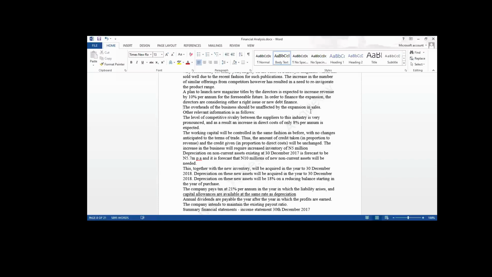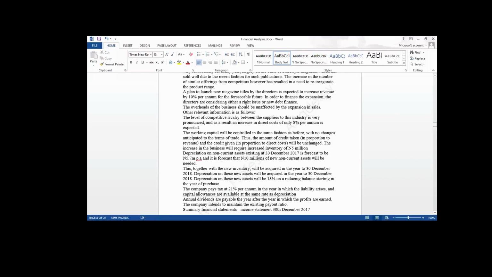Please note, overhead costs are indirect costs. These are costs incurred, but cannot be traced to a particular product. For example, the business rents. So please note, overhead costs represent indirect costs. So you can go back to the question.